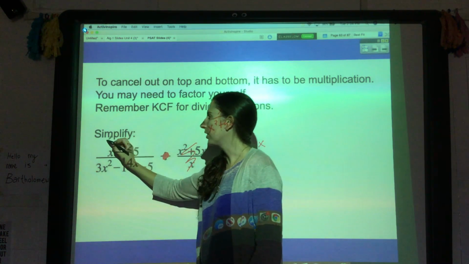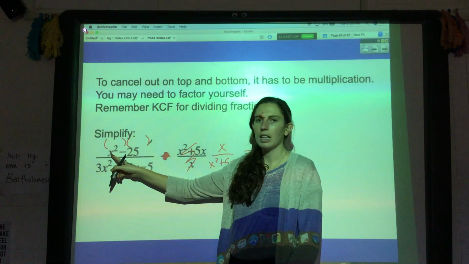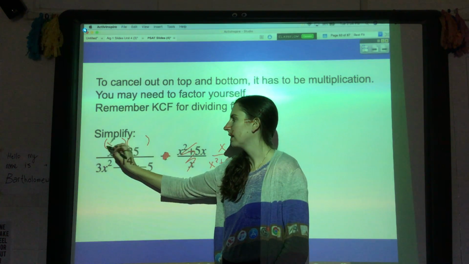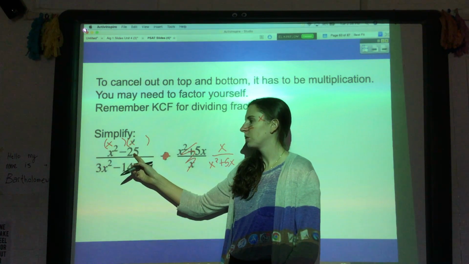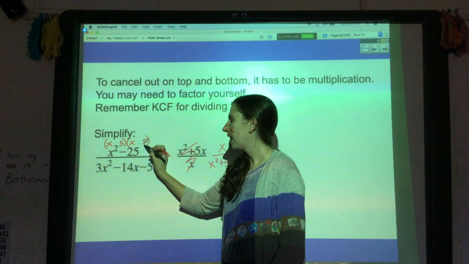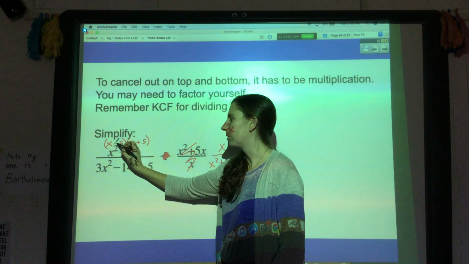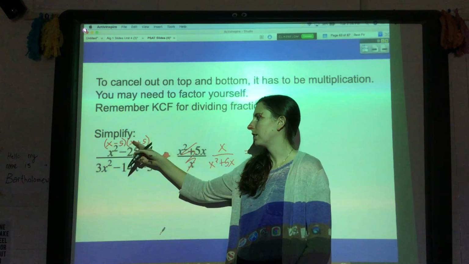The way you factor that, if you remember, is you square root the first thing. Square root of x squared is x. You square root the thing in the back, so square root of 25 is 5. And then you make one plus and you make one minus. So this just turned into this.